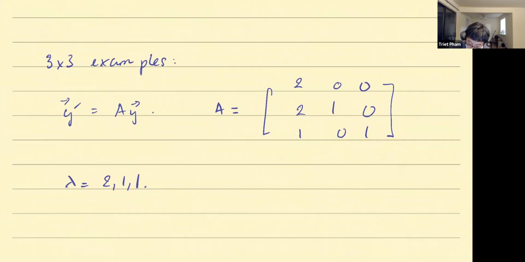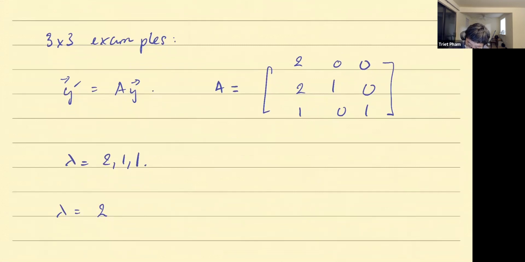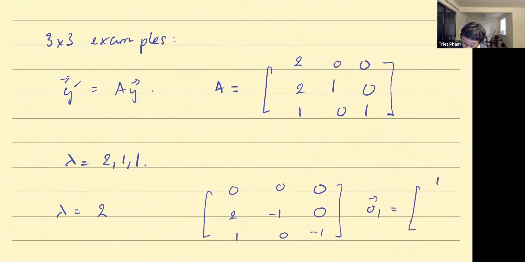When lambda equals 2, you get the matrix with rows 0, 0, 0; 2, minus 1, 0; 1, 0, minus 1. So your V1 will be (1, 2, 1).